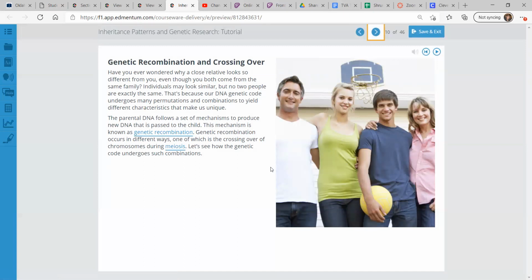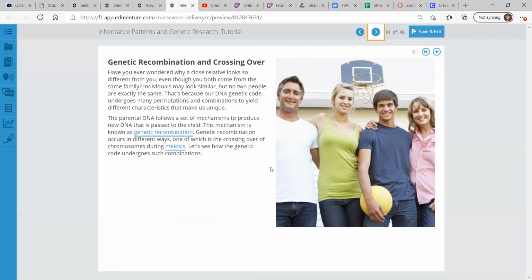Genetic recombination and crossing over. Have you ever wondered why a close relative looks so different from you, even though you both come from the same family? Individuals may look similar, but no two people are exactly the same. That's because our DNA genetic code undergoes many permutations and combinations to yield different characteristics that make us unique.